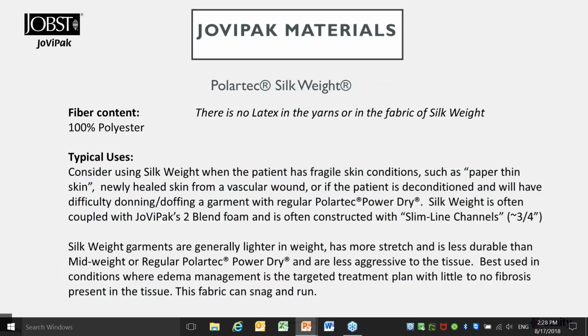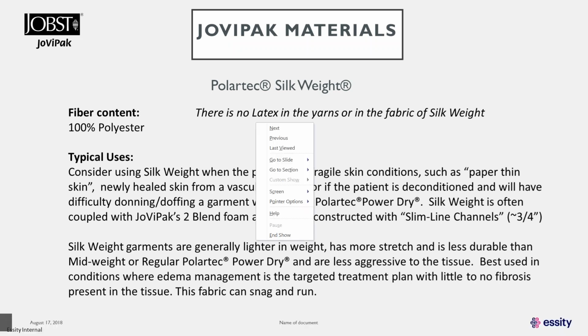The Silk Weight is another Polartec product, and it is a little bit lighter in weight, has just a little bit more stretch, and is ideally used for patients who have fragile skin, for patients who might be deconditioned, or if you think that they would be better off with a lighter weight product.